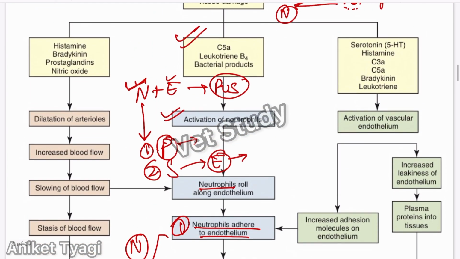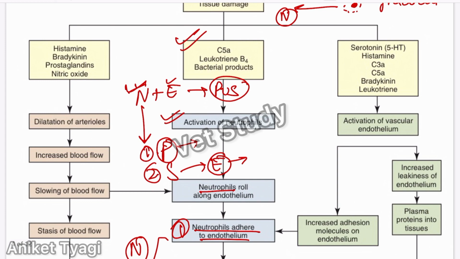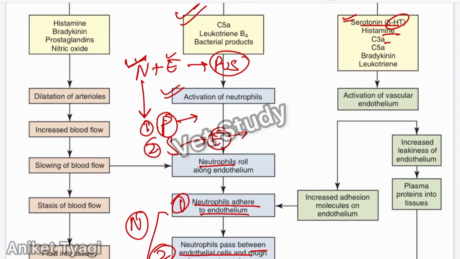Okay, and there are several other chemicals like serotonin or 5-hydroxytryptamine. We also call serotonin 5-HT, where HT is hydroxytryptamine, right? Histamine, C3a, C5a. C3a is a complement protein, C5a is also a complement protein, bradykinin, leukotrienes.